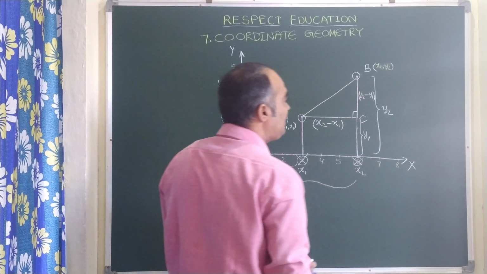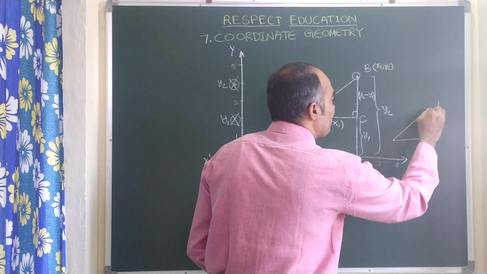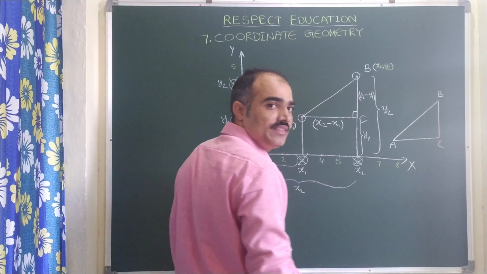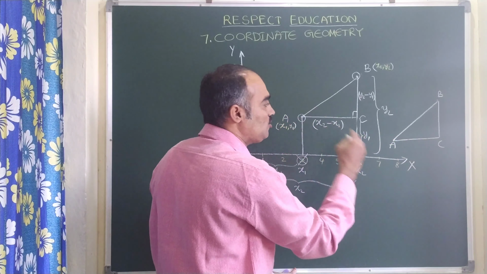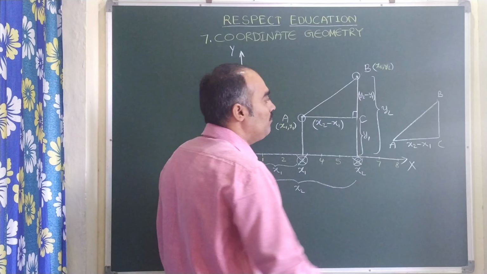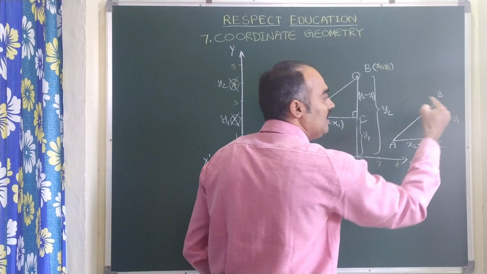With that data, we are going to draw a right angle triangle here with those values. So you can separate the triangle ABC. Here I am drawing, children, ABC. So here B, here A, here C. Here AC indicates x2 minus x1. BC indicates y2 minus y1.